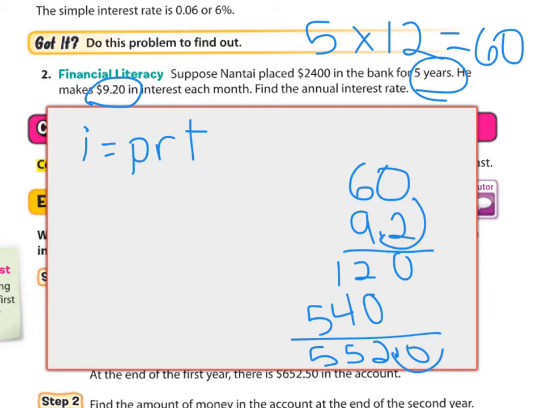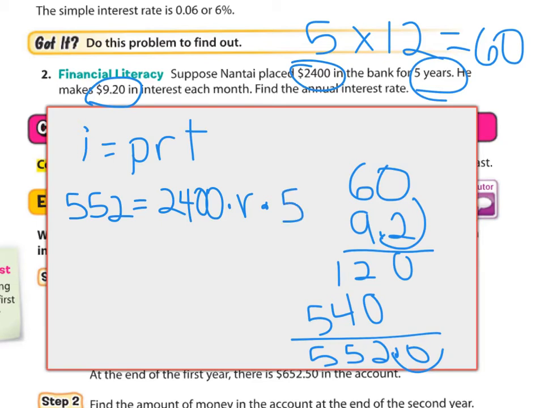Okay, so now we have enough information to move on. Our interest, we just figured out, is 552. So let's put that right in there, 552. Our principal is 2,400. Our rate, we do not know what our rate is. That's what we're looking for. And our time is 5 years.